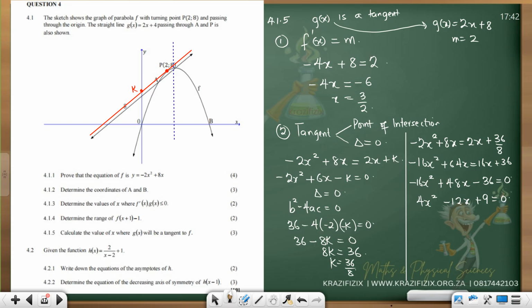Do you want to put that in the calculator for me and get me an answer quickly? My brain is not braining right now. This is longer, but let's see if we're gonna get that. If we get 3/2, then we're good.